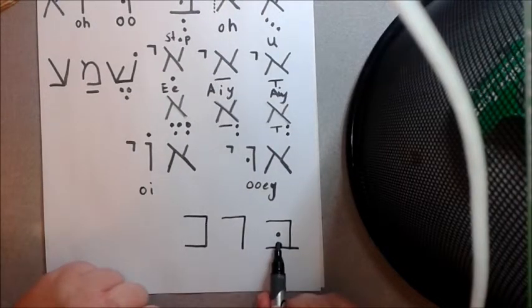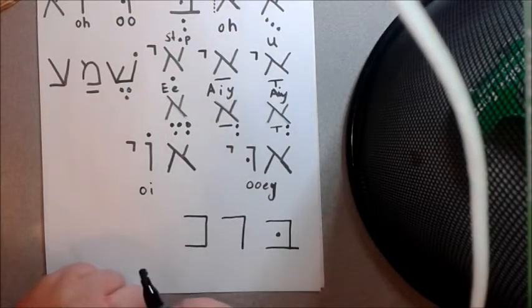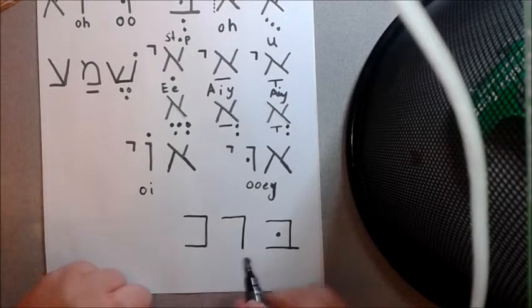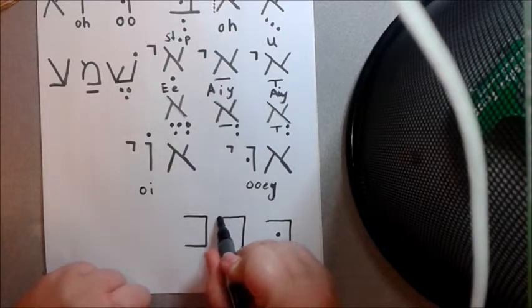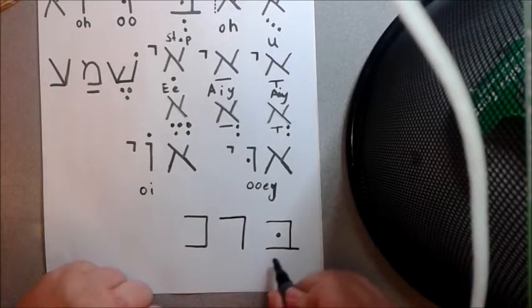See how this has the dot in there, so it's going to say b instead of v. However, this does not have the dot in there, so it's going to say chaf instead of kaf. It's going to have the ch instead of a k. It has its softer sound because there is no dot in there. Okay, let me darken out my resh, just make it a little bit clearer.